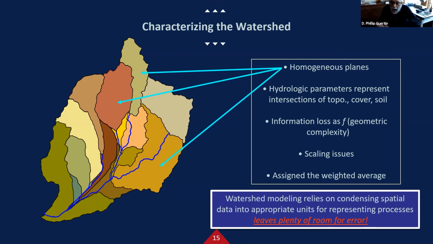We'll only have one set of input parameters for each one of our modeling elements. The hydrologic parameters are an intersection of topography, cover, and soils. The bigger the model element, the more information we're losing. So we do have these scaling issues. We use a weighted average to come up with a parameter set for each one of our modeling elements. Next slide.